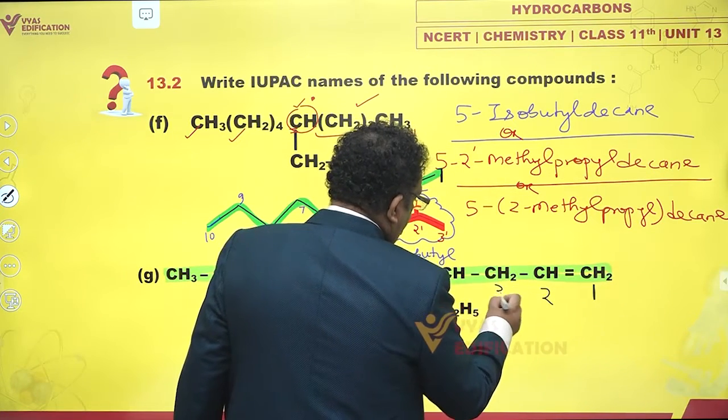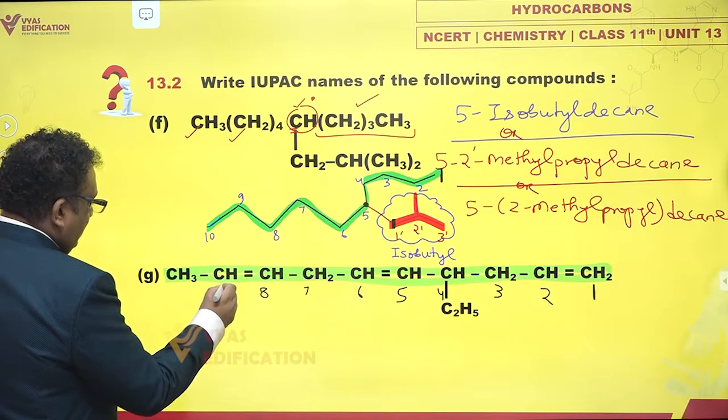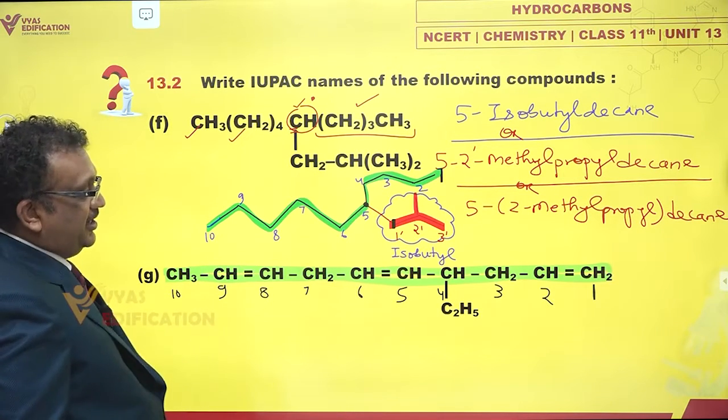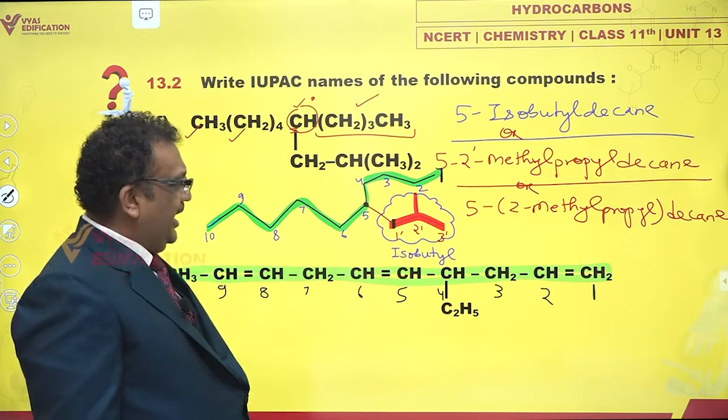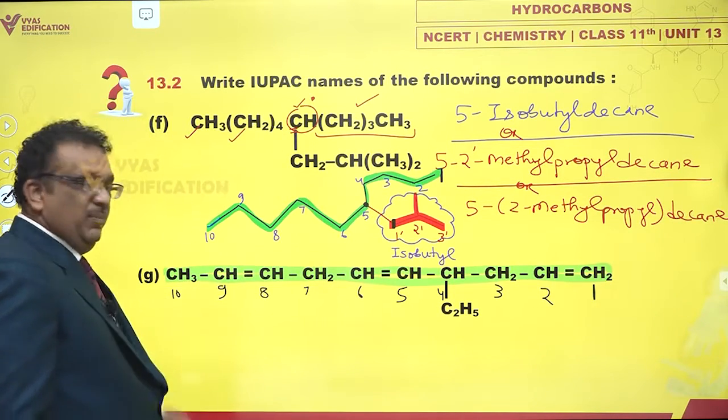So 1, 2, 3, 4, 5, 6, 7, 8, 9, 10. It is again decane. 1, 2, 3 double bonds.